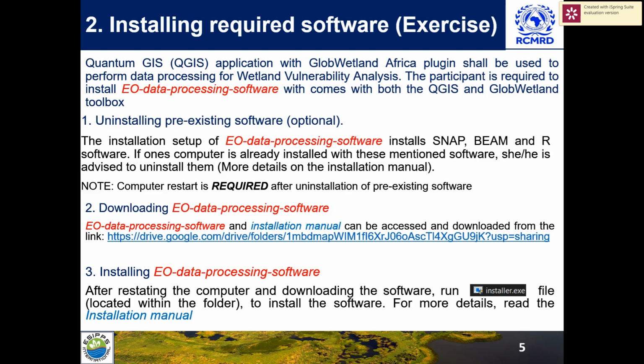Now note that within that folder where the data processing software is located, there is an installation manual. During your free time, go through this manual step by step and use it to guide you in the installation of the software. It's pretty much a piece of cake. Just quickly, you can be able to do this.